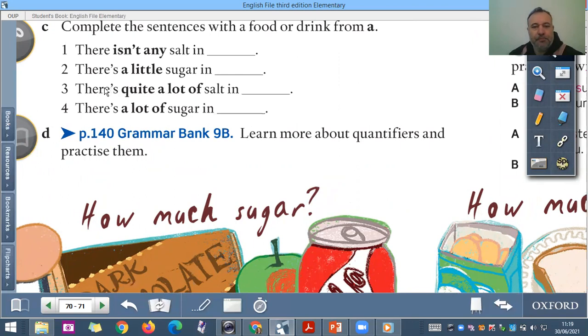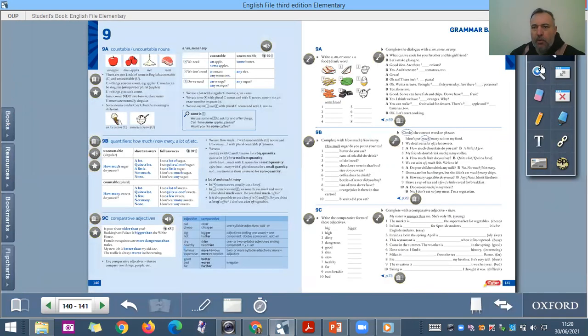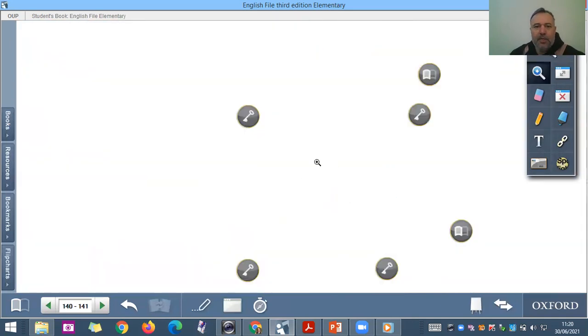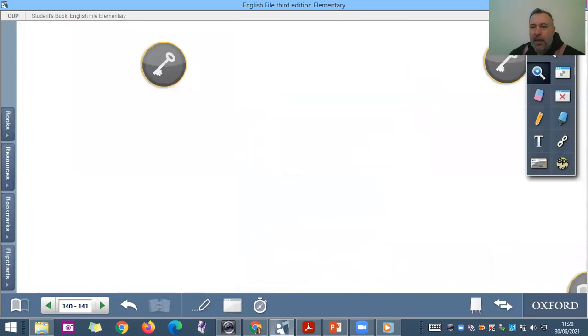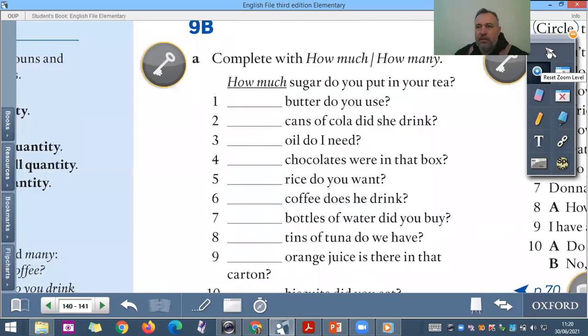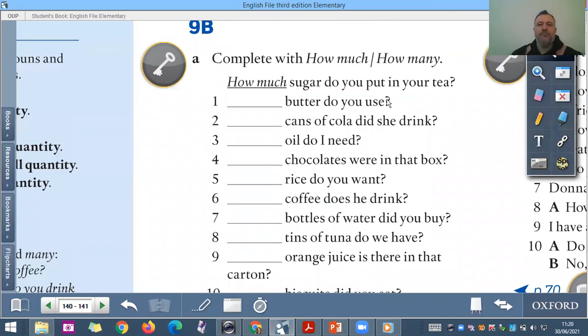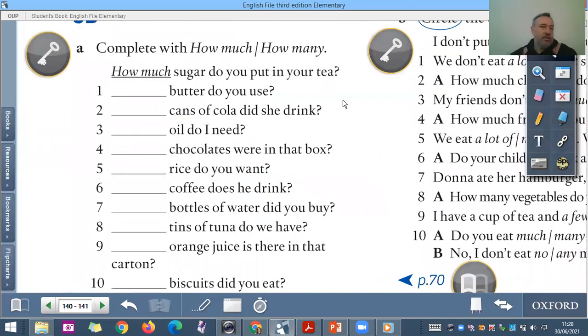Okay. So this is another example of how to use quantifiers. Basically, you use these 2 questions: how much and how many. You use how much for uncountable nouns and how many for countable. How much sugar do you put in your tea?